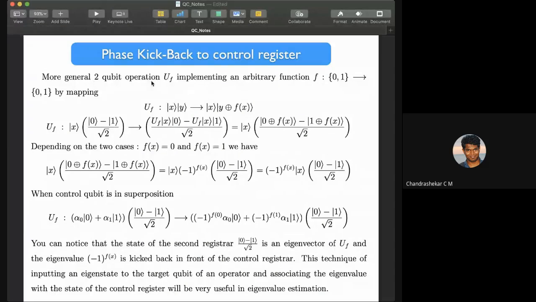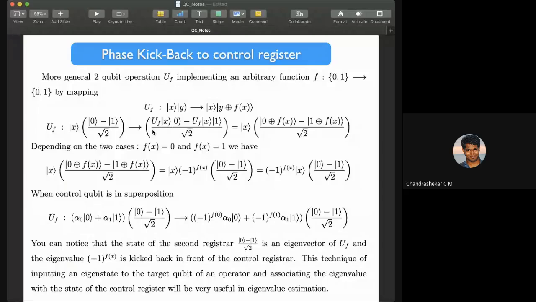So a more general 2-qubit operation can be defined as this: any arbitrary function mapping 0 and 1. That's what it does, right? If you have a state, we are only talking about qubits. It only has 2 levels in superposition. Output will also be mapped into 0 and 1, which means that any unitary operation, in the previous example, we only took the control NOT gate.